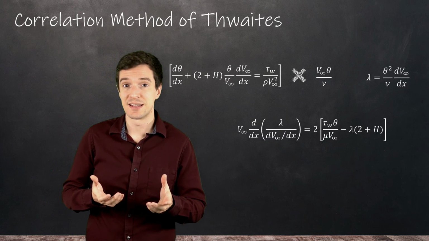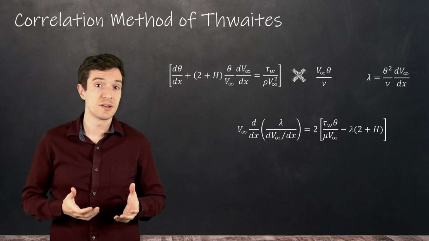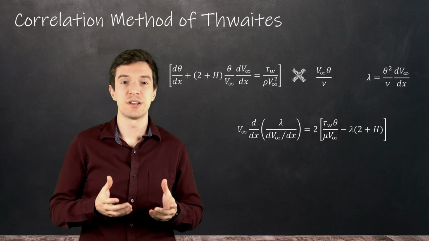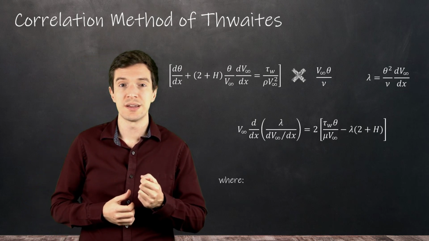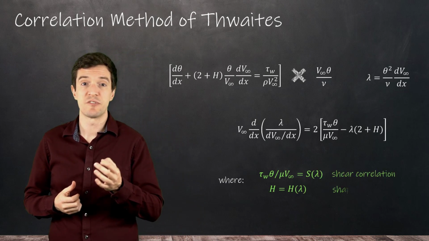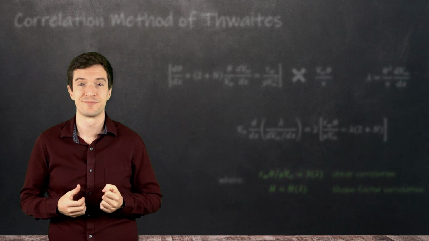We can see that the equation can be written in this form, where we can identify some correlation functions. One is the shear correlation, and one is the shape factor correlation.